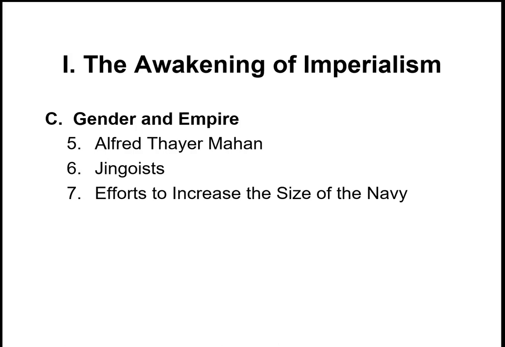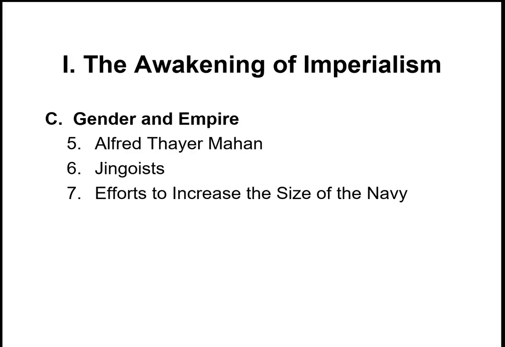Alfred Mahan, I think is how it's usually pronounced, argued that if women won the right to vote, they would pose a threat to American military security. Men who embraced and sought out war, they had even a special term for those men. They were called jingoists.